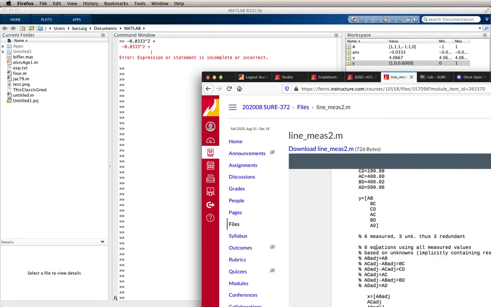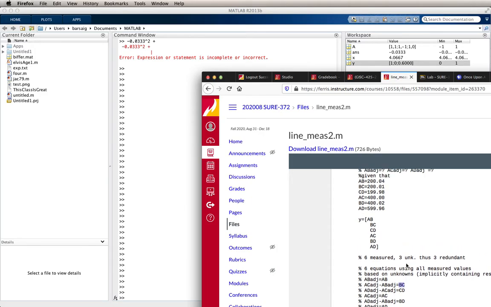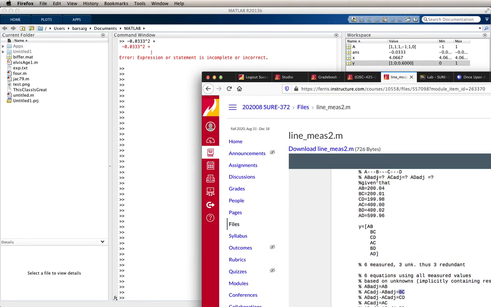AB is equal theoretically to AB adjusted. That is the measured as a function of the unknown. BC is going to be equal to, what's BC going to be equal to? BC as a function of the unknown is going to be AC adjusted minus AB adjusted. So AC minus AB is going to be equal to BC.